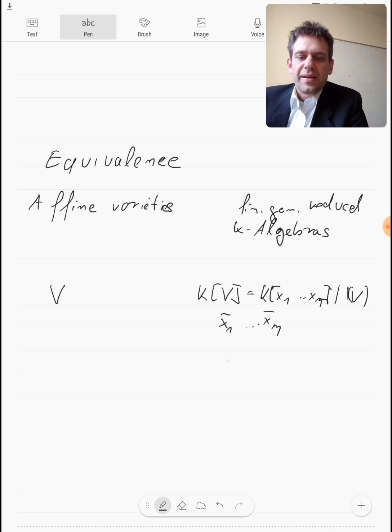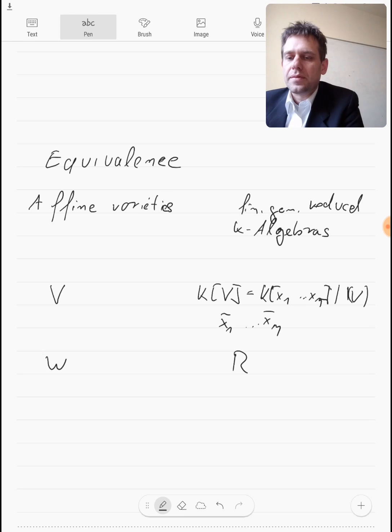And now what we need to ask is the following. Suppose we have an arbitrary finitely generated reduced k-algebra, which I will call R. Can we cook up an affine variety, let's call it W, such that this construction gives an object that is isomorphic to R?